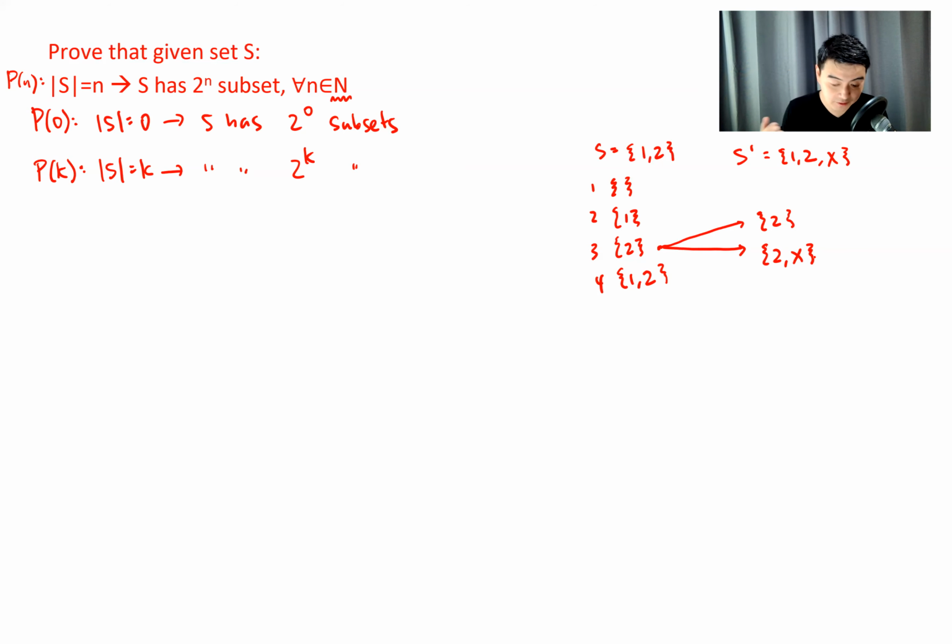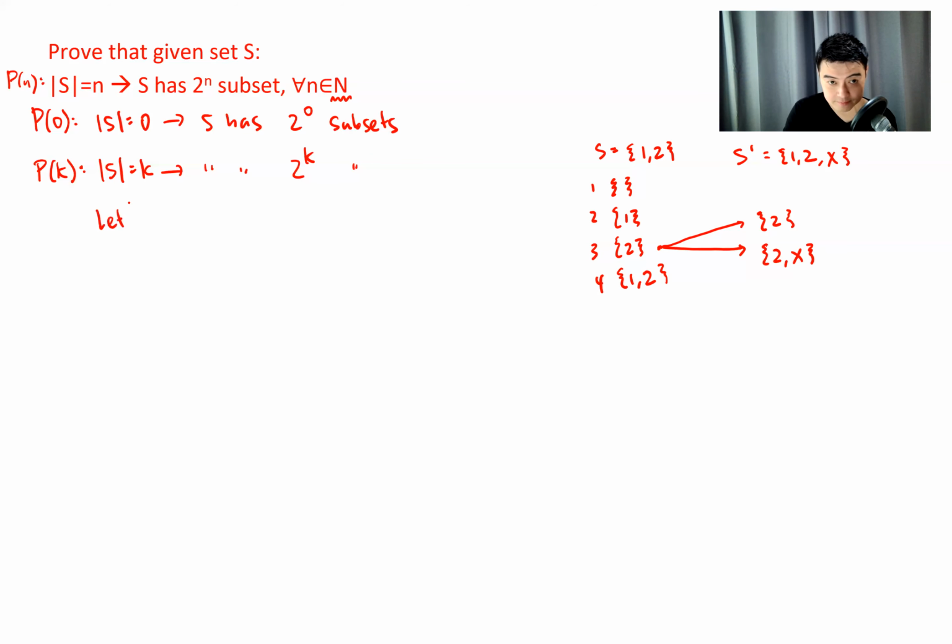What are the subsets of S prime? They include the subsets of S, but also for every one of those subsets, I can add an X to it as well, and it's also a subset of S prime. So I hope you can see that S prime is going to have 2 times the amount of subsets as S.